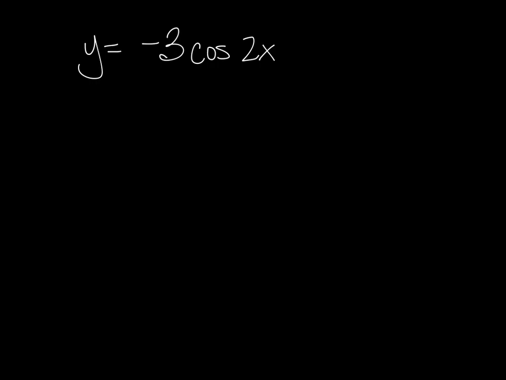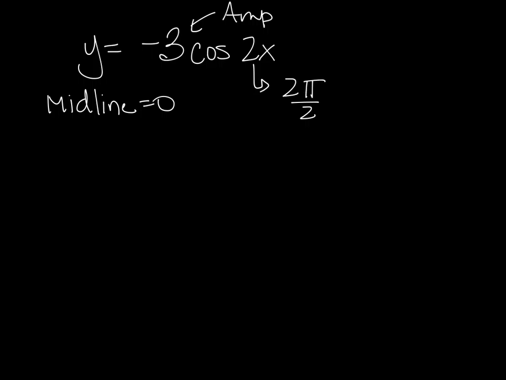Well, this time we don't start with a number, which means we don't have a C. That means our midline is 0. 3 is the amplitude, and for the 2, we're going to do 2 pi divided by 2, so the 2's will cancel. Pi is the period. So pi divided by 4 is the scale.